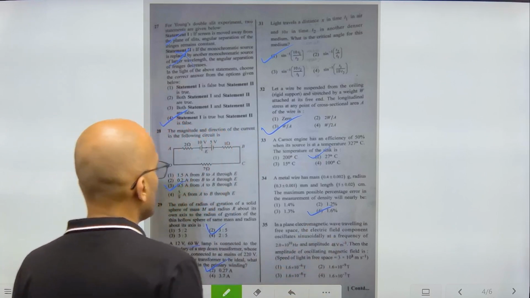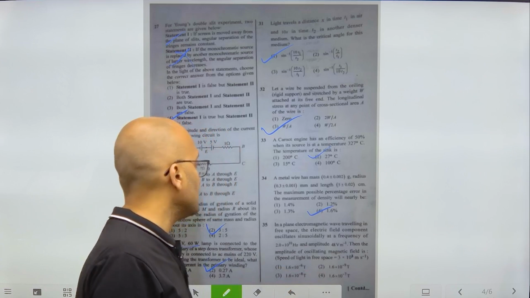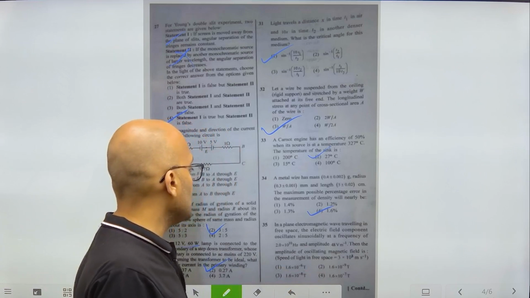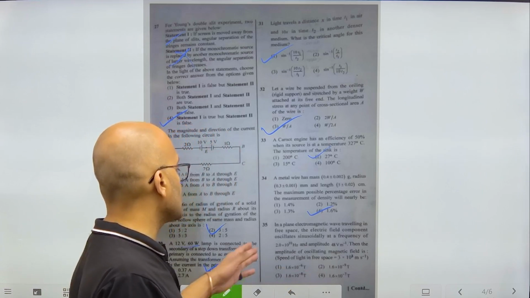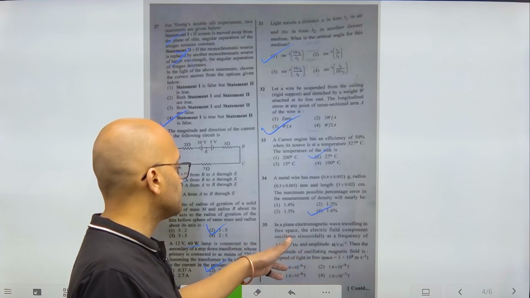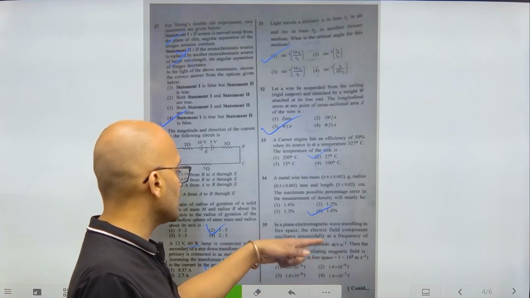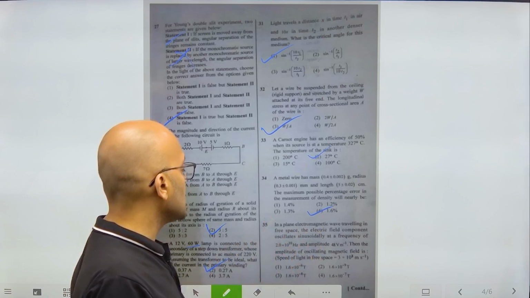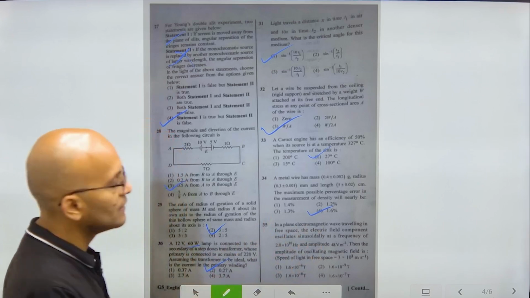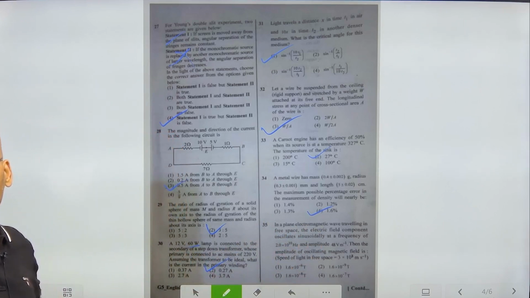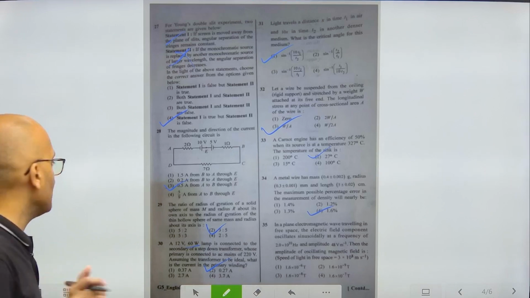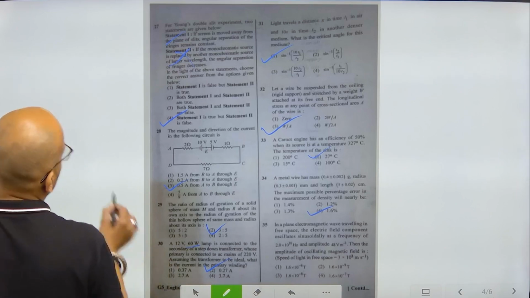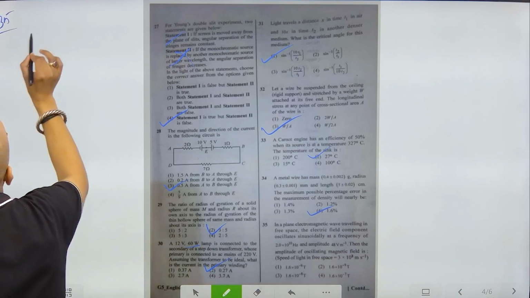Now it is saying in a plane electromagnetic wave traveling in free space, the electric field component oscillates sinusoidally at the frequency this, amplitude this, then the amplitude of oscillating magnetic field. Now we have to find the amplitude of oscillating magnetic field. How to do it? Everyone knows. 35.